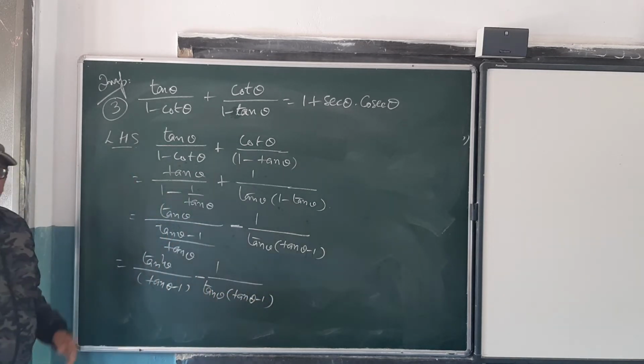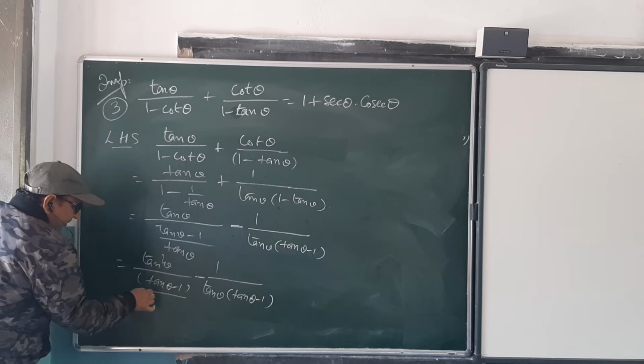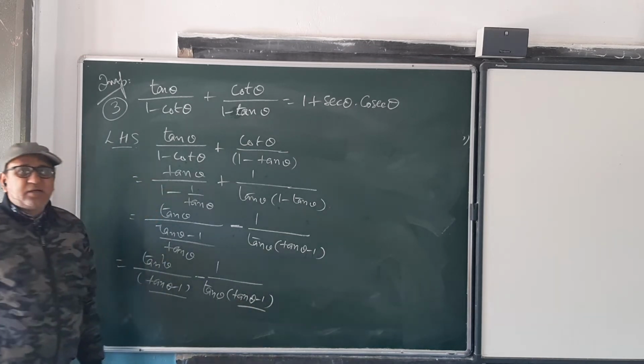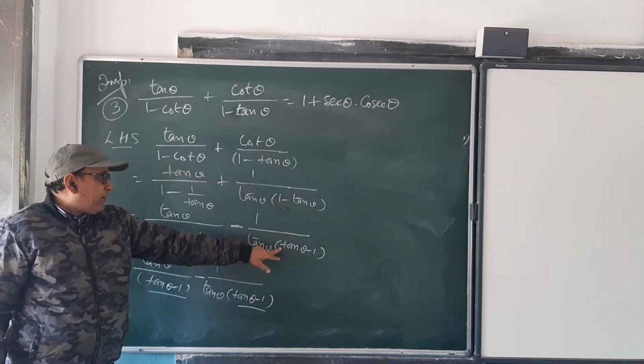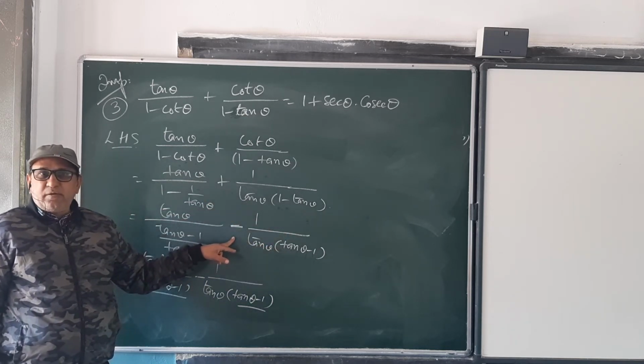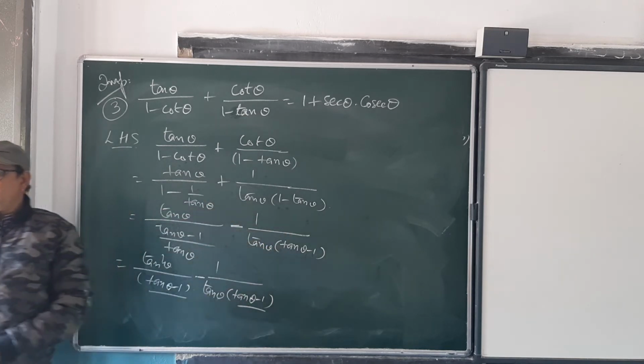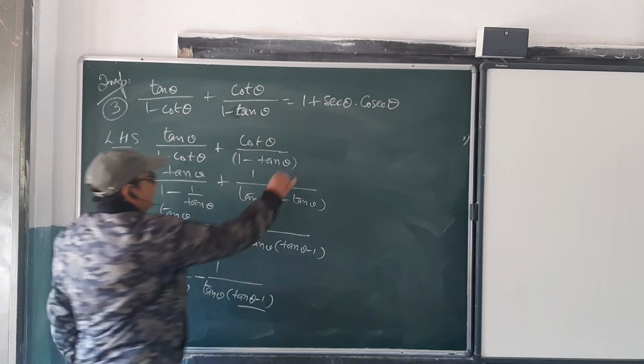Now we can see tan minus 1 and tan minus 1, so we can easily take the LCM. That's why we have taken minus as common and marked the negative sign in between both.